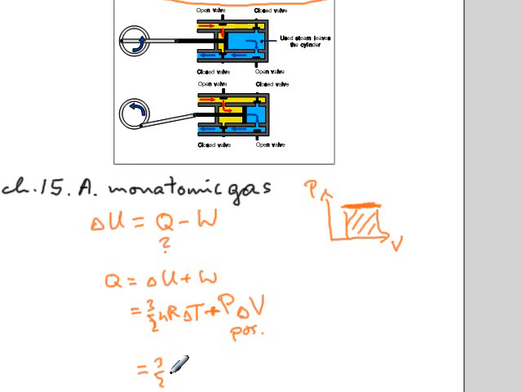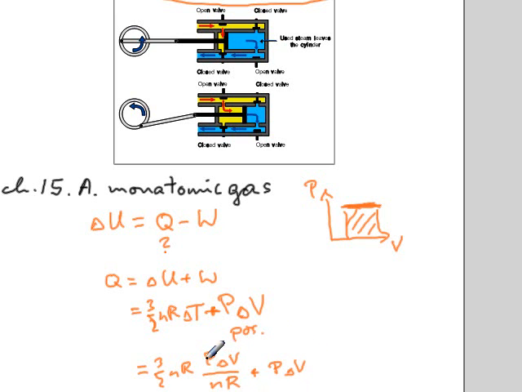So I'm going to do 3/2 nR, and instead of delta T, I'm going to write P times delta V divided by nR, and I'm allowed to do that because the pressure is the same and the volume is the only one that changes, and then plus that P times delta V.